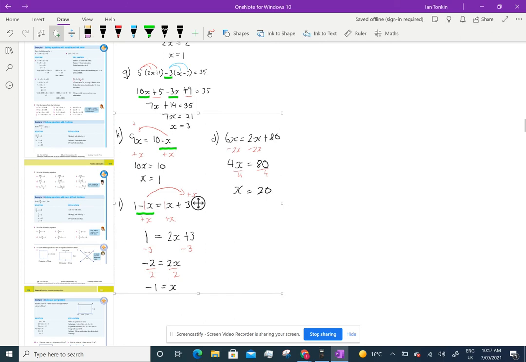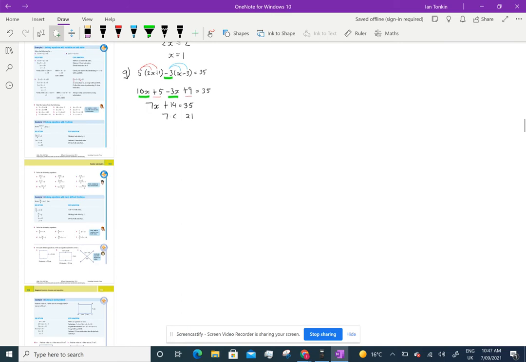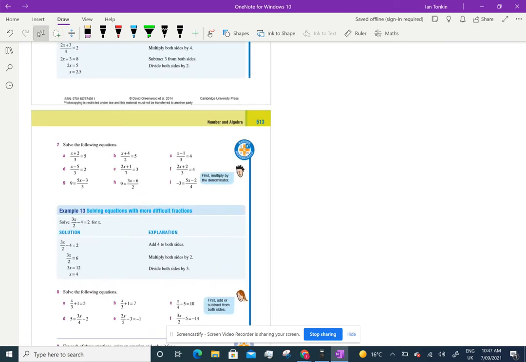Righto, last ones. Question 7. Righto, there's only 3 here. Let's have a go. X plus 2 on 3 equals 5. Now let's remember what we're trying to do. We're trying to get all the things away from the x so that the x is by itself.